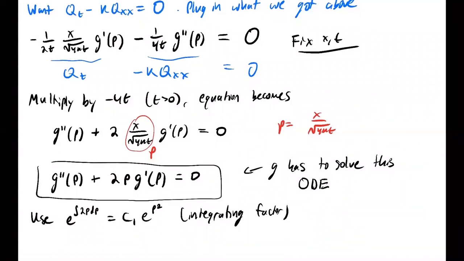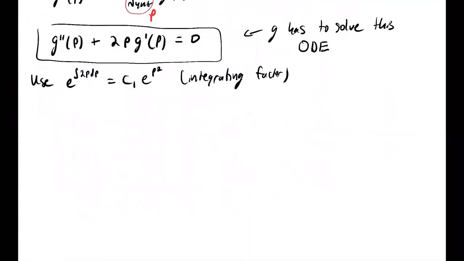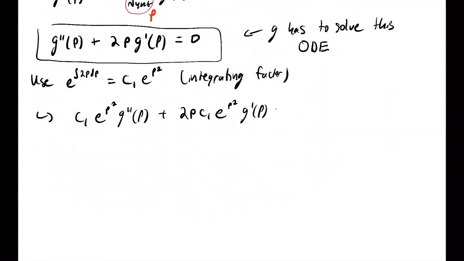Now, if I multiply this equation by the integrating factor, I get c1 times e to the p squared times g double prime of p plus 2p c1 e to the p squared times g prime of p has to equal 0.